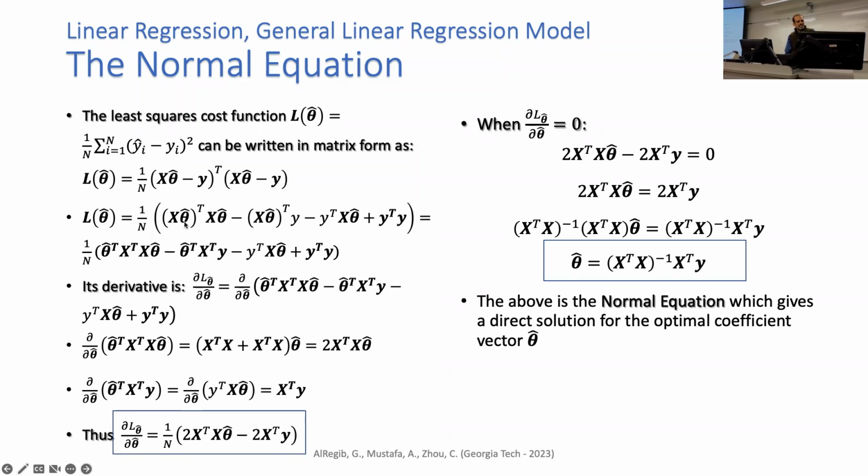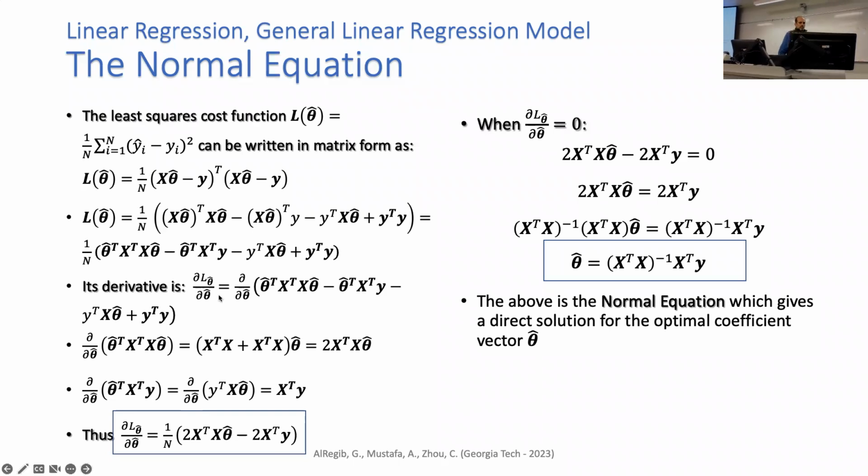X times theta, all transpose, is the same as theta hat transpose times x transpose. Same thing here, this becomes theta hat transpose times x transpose, and I have the other terms as they are. Are we good so far? Okay. Now we take the derivative.